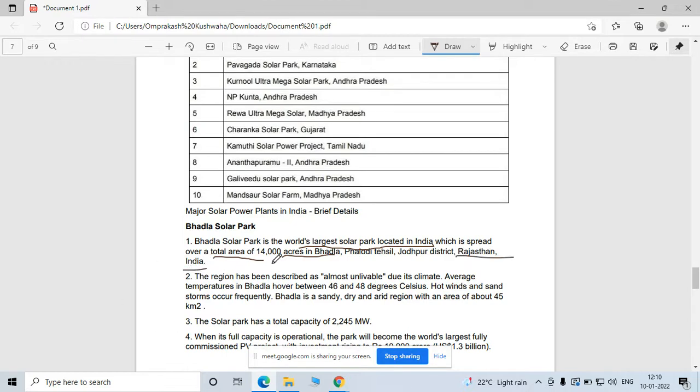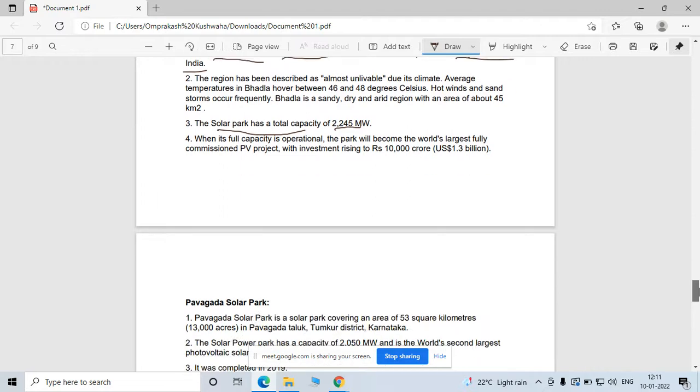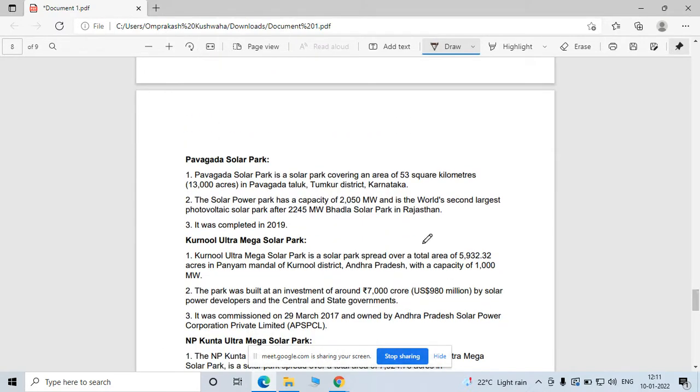The size of this plant is 2245 megawatt. The solar size is too big, 2245 megawatt, and you can read out the different sizes, which are also given here.